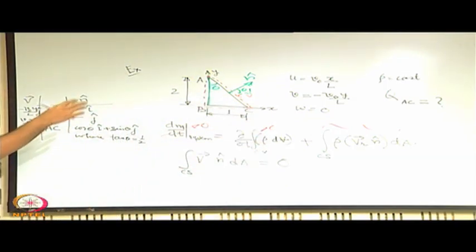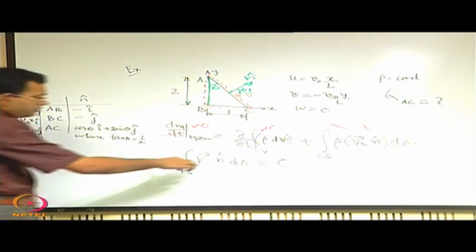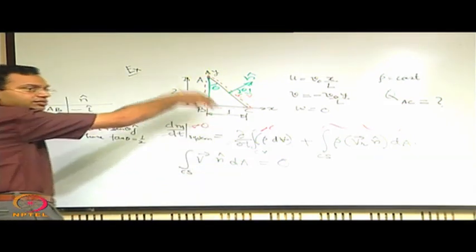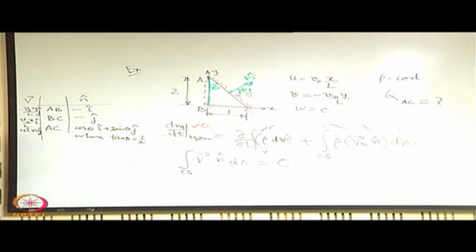So, we are not writing it out, let us just write it in general as u i plus v j. Now, to get the integral you have to keep in mind that if the velocity varies along that length, then you have to integrate it over the length to get the total flow rate.